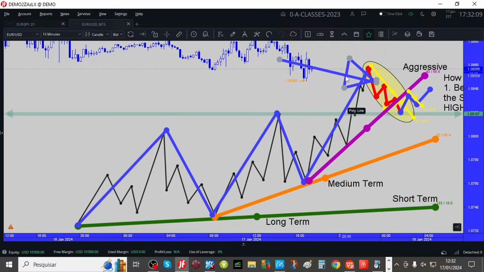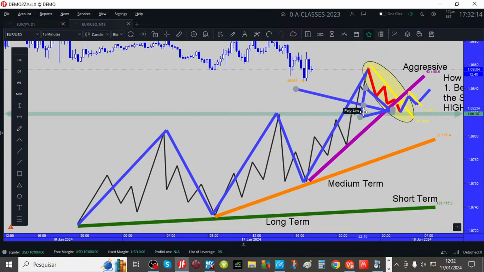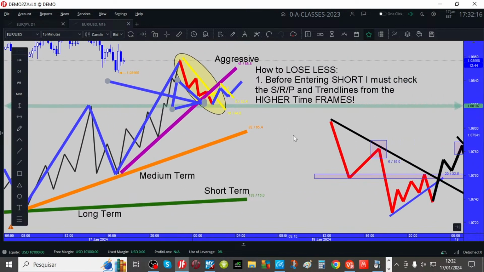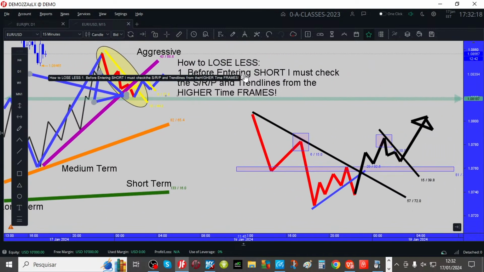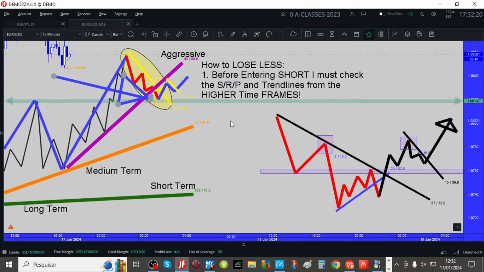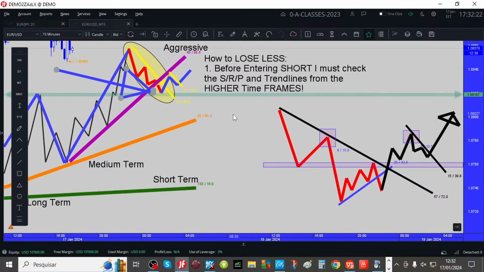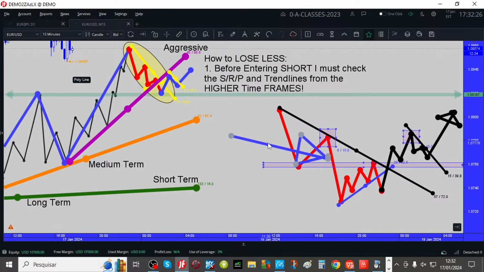Now the understanding of all of this is a skill. We are losing unnecessary pips and money on the demo account because we are too focused on the 1 hour, 2 hour, 15-minute chart. Can you relate to this, everybody?